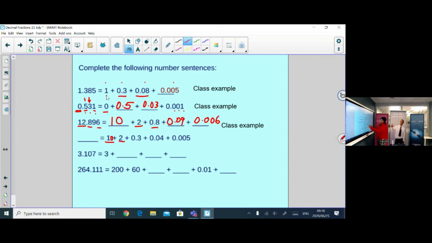So we end up with, let's write this side because of space, 12 this side. Point, the first number is 3, the second number is 4, the third number is 5. 1, 2, 3. Then 3.107 is going to be 0.1.